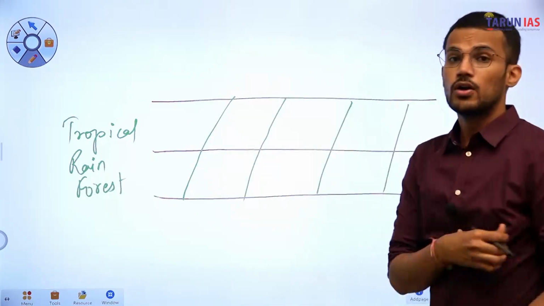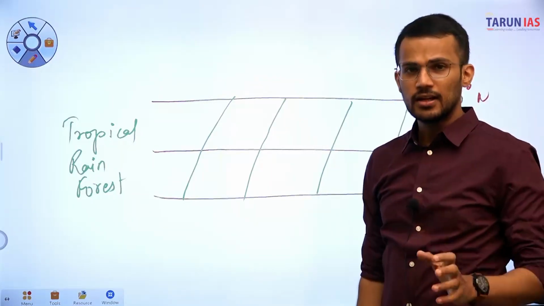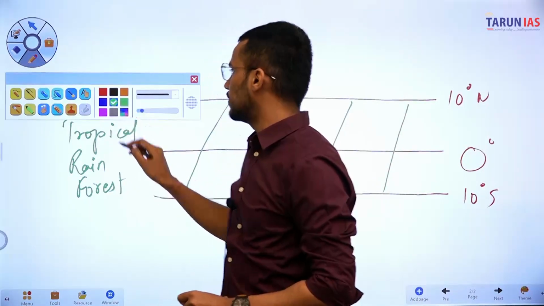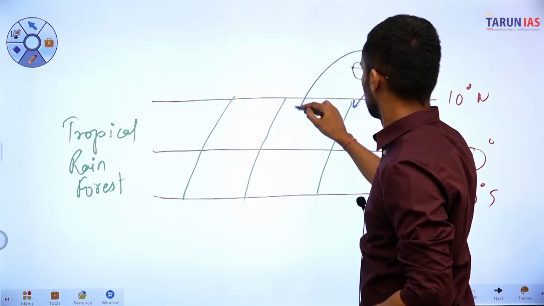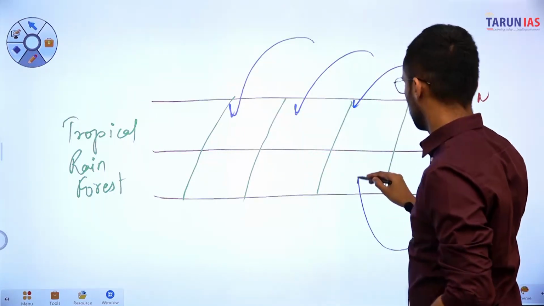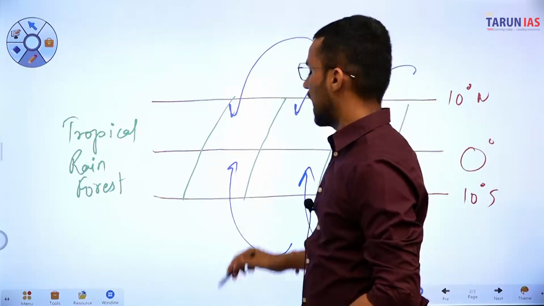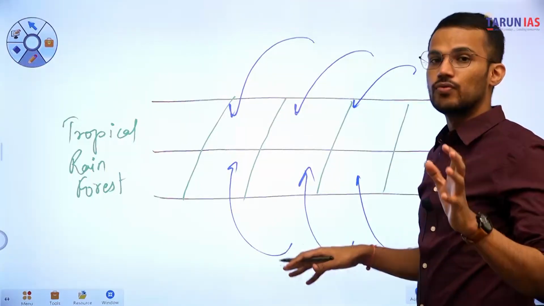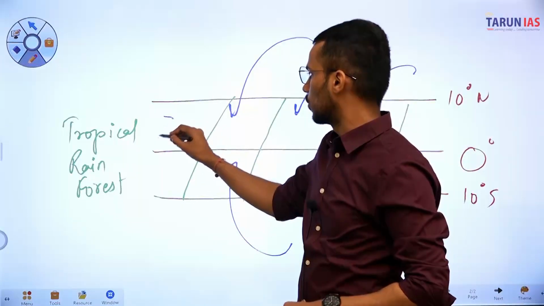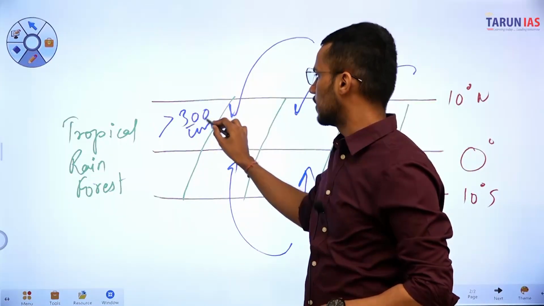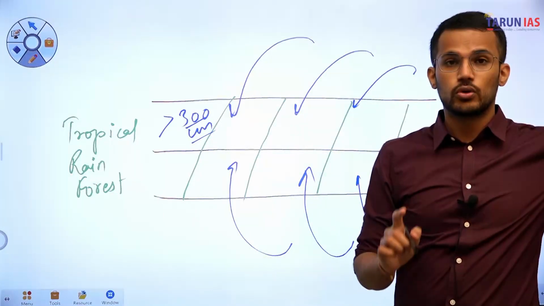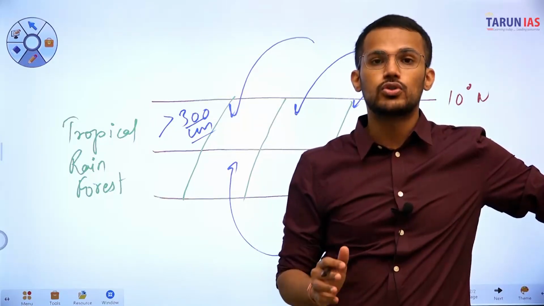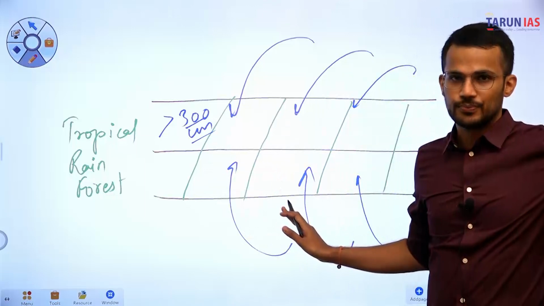This is the location of tropical rainforest. And at this particular location, we know that the trade winds converge. As a result of convergence of these trade winds in this location, we have very high amount of rainfall, which is more than 300 centimeters, and it rains almost daily in this particular region.